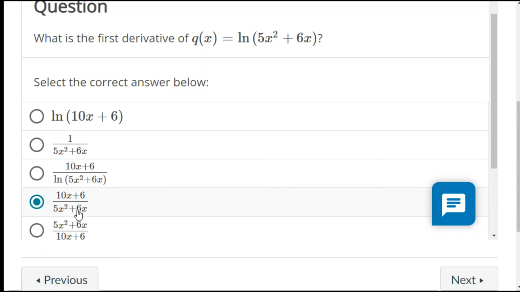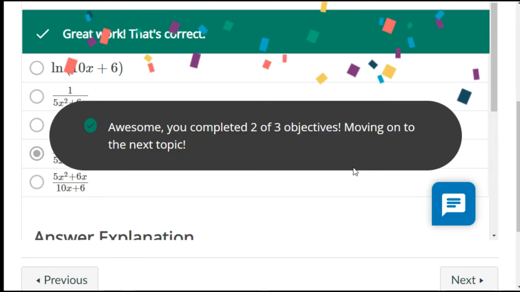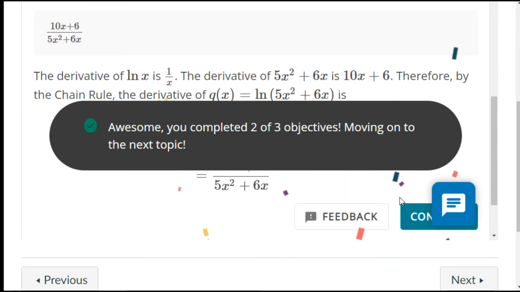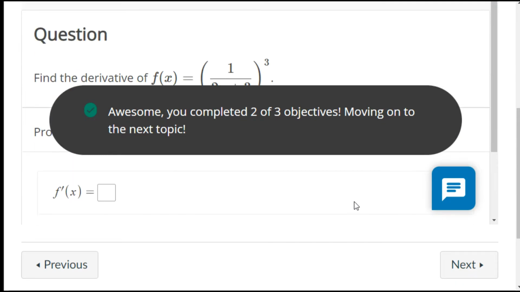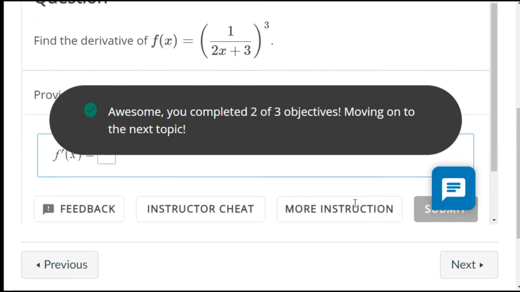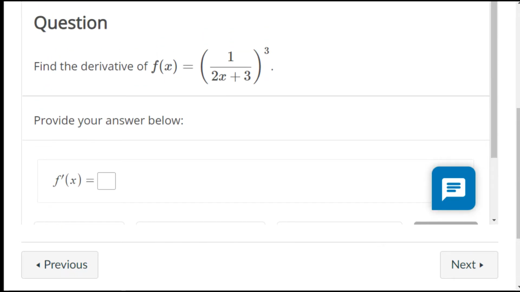So it ends up looking like 1 over g times the derivative of g. Let's see what else they got. All right, on to some new chain rule problems.